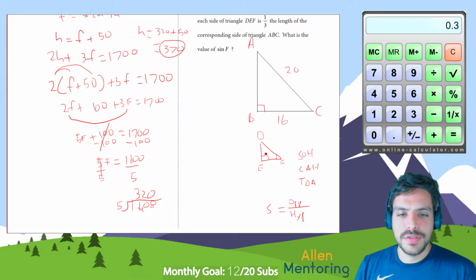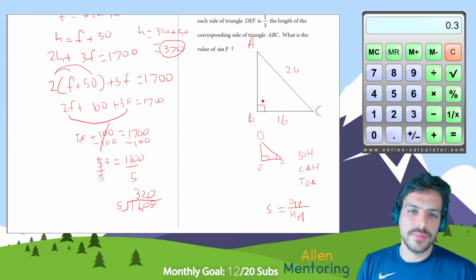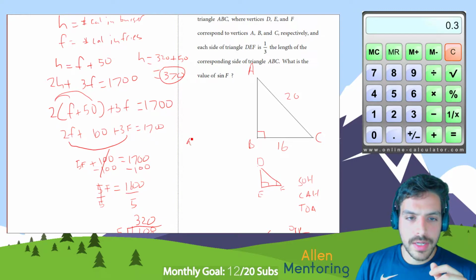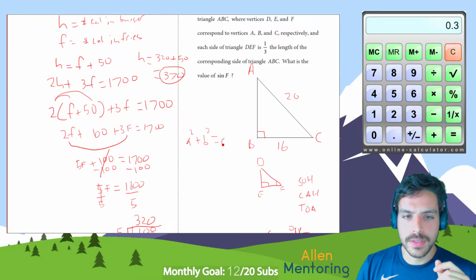So maybe we should find out what AB is equal to, because that's going to be compared to DE here. So how do we find out what AB is? Well, we know the Pythagorean theorem: for any right triangle, a squared plus b squared is equal to c squared.